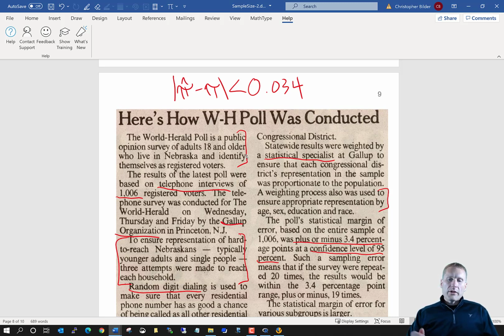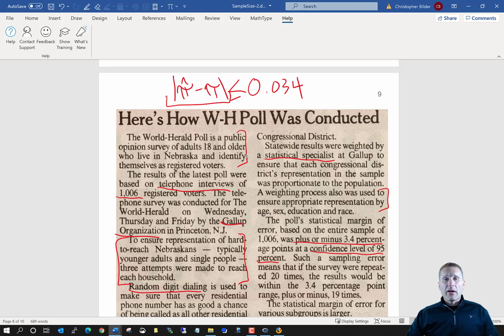What you would expect is pi hat's going to vary from one sample to the next. And let's say somehow we ended up actually knowing pi. Then we would expect 19 of those 20 times that this difference between pi hat and pi in absolute value should be less than or equal to 0.034. On average, we would expect this to happen 19 out of 20 times.